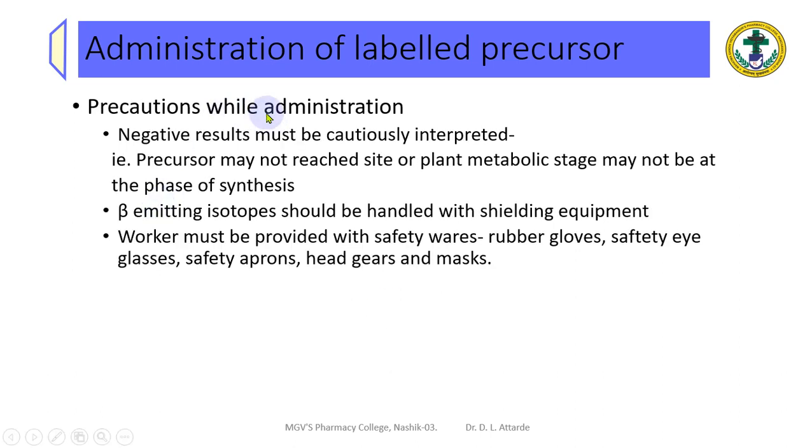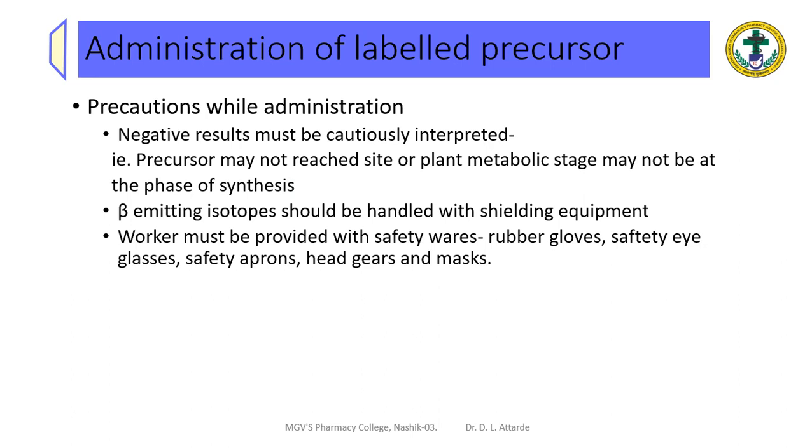Now precautions are to be taken while administering these precursors. Negative results must be cautiously interpreted. The precursor may not reach the site, or the plant's metabolic stage may not be at the phase of synthesis, meaning you are doing the study, but the plant is not in that phase of the metabolic process, and your administered precursor is not utilized.